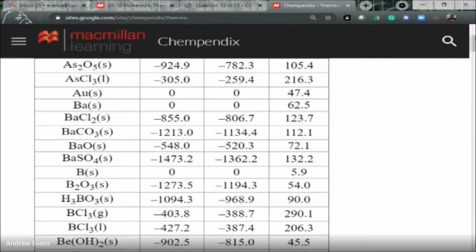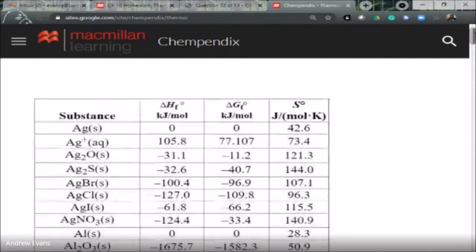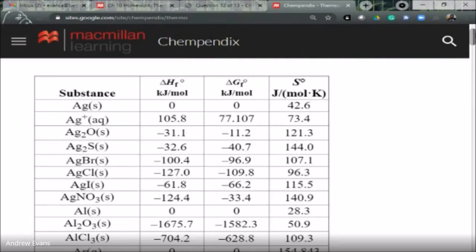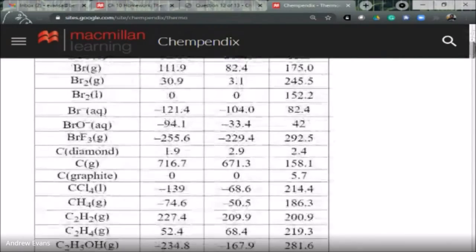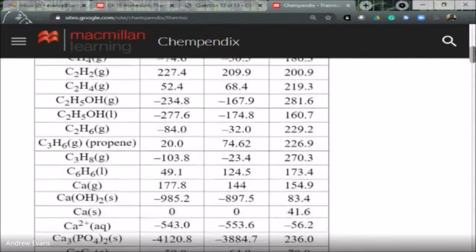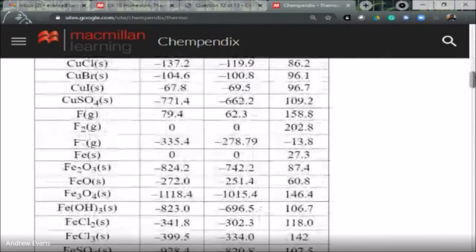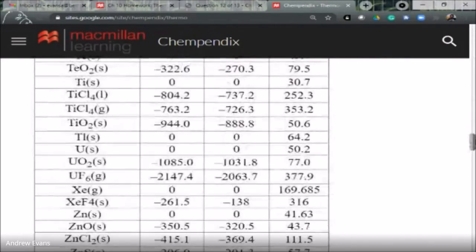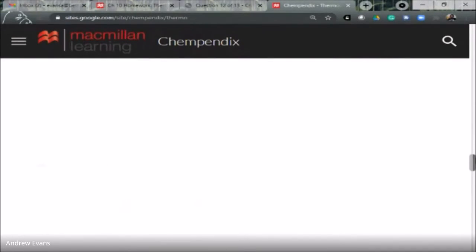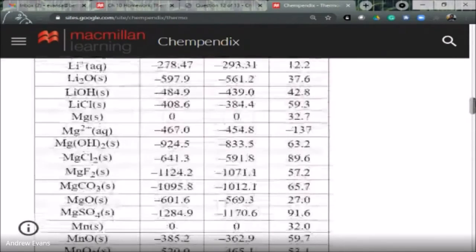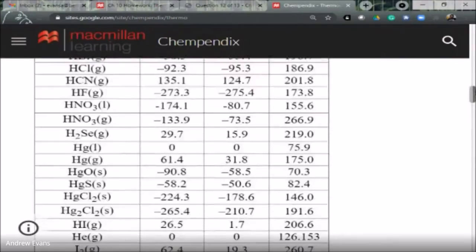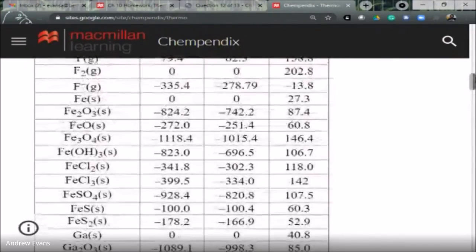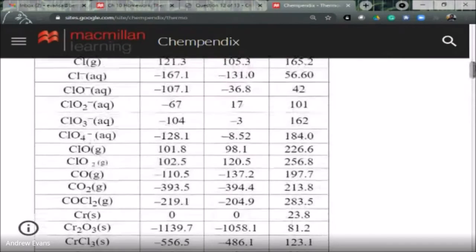Typically, on a table like this, this semester, we will only use that first column, the delta H of formation. Unfortunately, they did not give us the value, so we have to look up ethane.